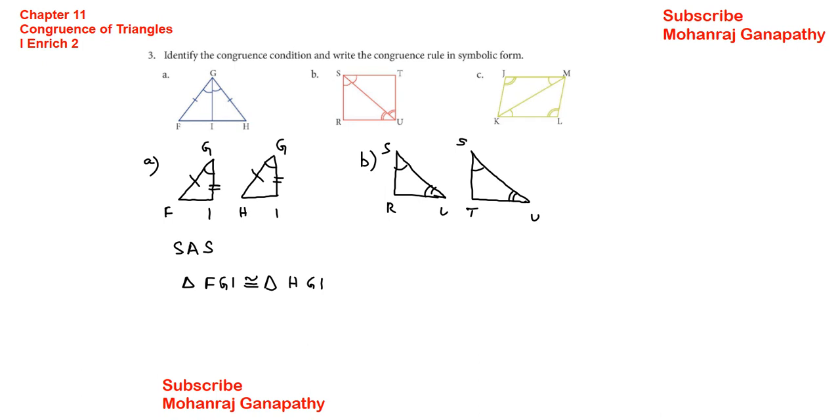So compare. Angle S is equal to angle S, angle T is equal. I will circle what is equal. This angle is equal, this angle is equal, and this side is equal. So two angles and one side: angle-side-angle congruence. Triangle RSU is congruent to triangle TSU.